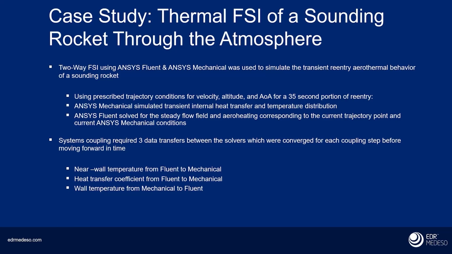Essentially we're using what we call system coupling, or multiphysics, and that uses a number of data transfers. We're transferring near wall temperature from the Fluent CFD solver to Mechanical, a heat transfer coefficient from the Ansys Fluent solver again to Mechanical, and then we're taking wall temperature back from Mechanical to Fluent.